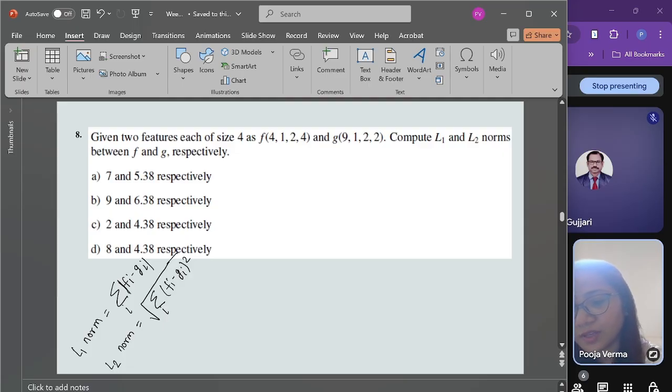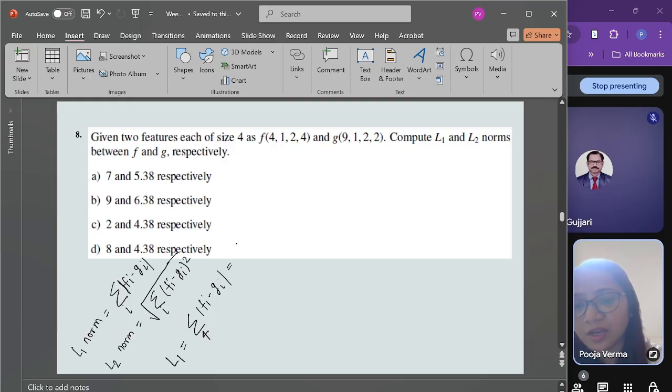Okay, so let's first calculate the L1 norm. The two feature vectors F and G are already given. Here the number of features is 4, so i goes up to 4 for Fi minus Gi.